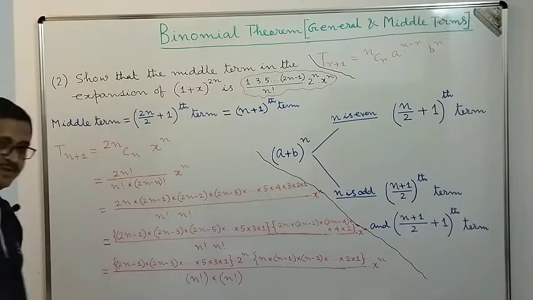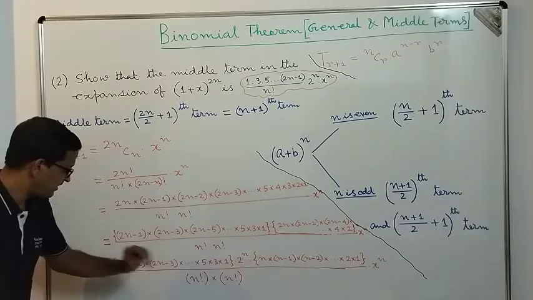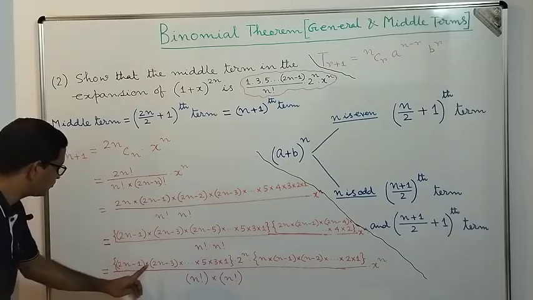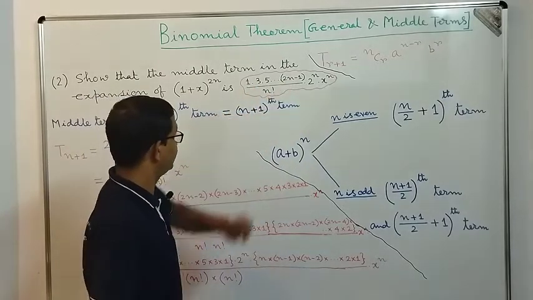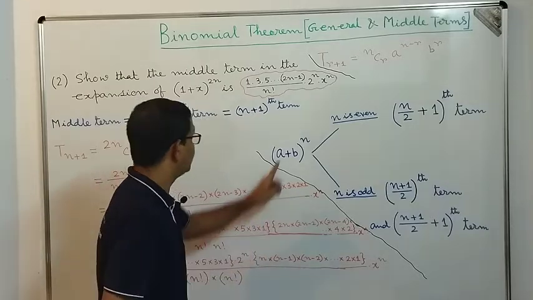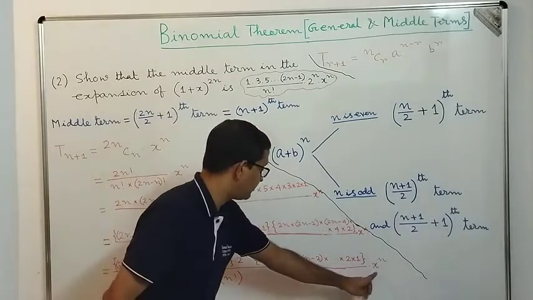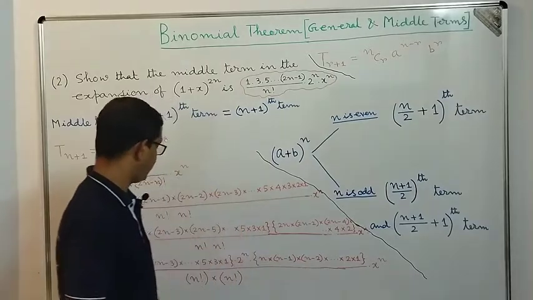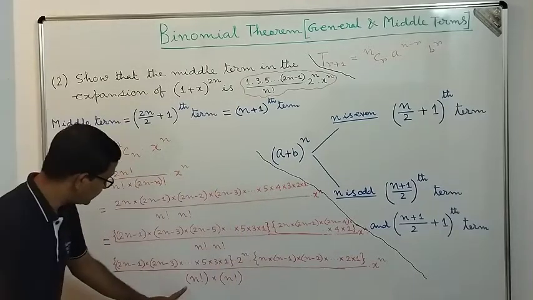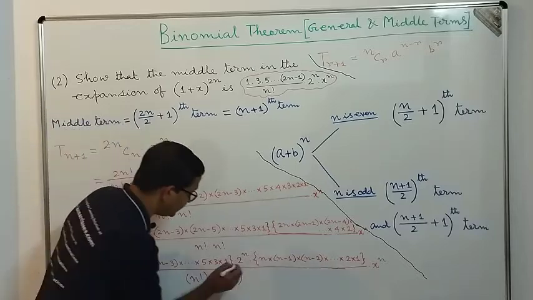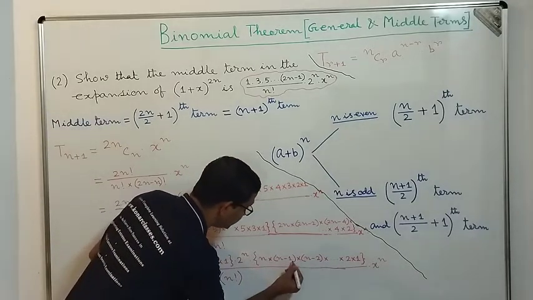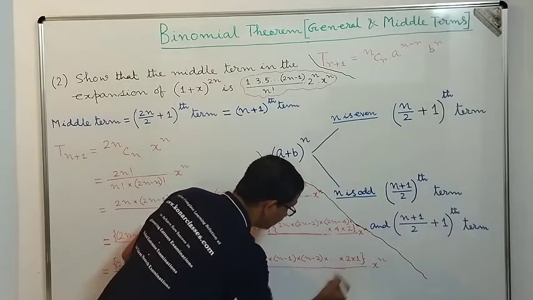correct? Now let's look into this carefully. The 2n minus 1, 2n minus 3 up to 5 into 3 into 1 we already got. 2 to the power n we got. x to the power n we already got from long back. So in the denominator we get factorial n into factorial n. So what we see is that n into n minus 1 into n minus 2, in that way till 1, is what?